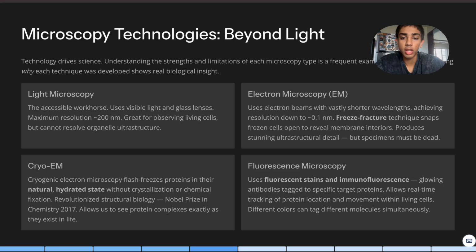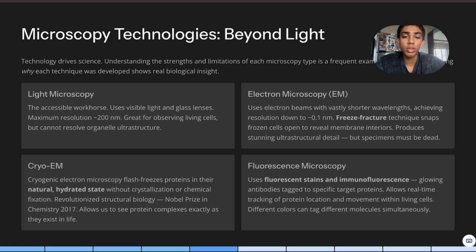Technology drives science, and light microscopes are great, but electron microscopy (EM) completely changed the game by offering vastly higher resolution. Because electron wavelengths are much shorter than light waves, techniques like freeze fracture allow us to snap frozen cells to split open lipid membranes and see inside them.